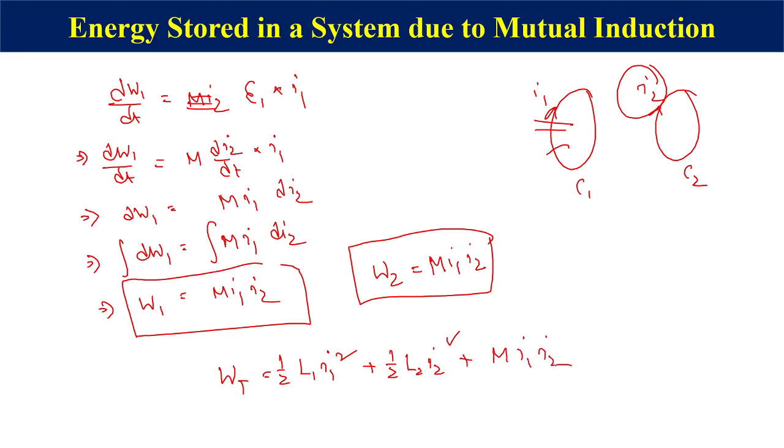We took it when finding a relation between the mutual and the self inductance. This is the energy term which appears because of the mutual interaction between the two coils.